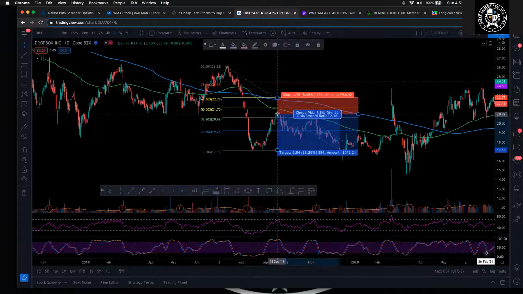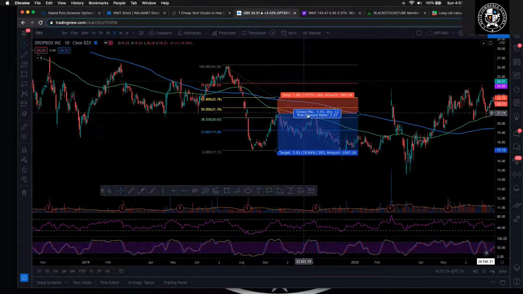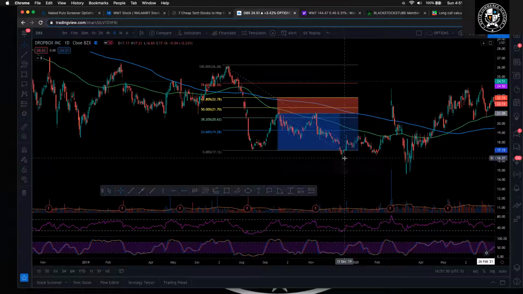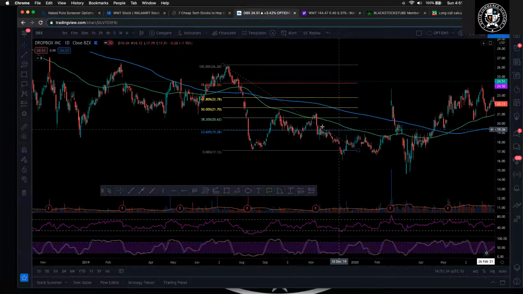I'm gonna enter here, set my stop loss here, give myself some room, which happened to be beyond the 200 level. And then I'm gonna have my price target at the 100% level. And boom, target was hit. Even though it came back and touched the 50 moving average again, I'm still in profit the whole entire time. It hit my price target. I exited the trade. That was an easy, smooth win right there.